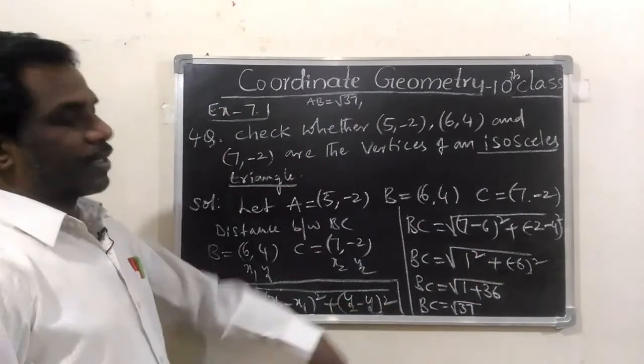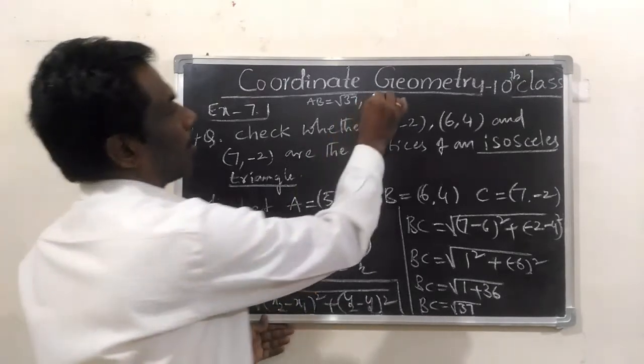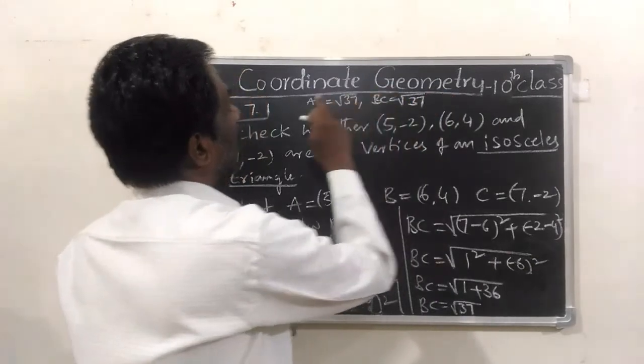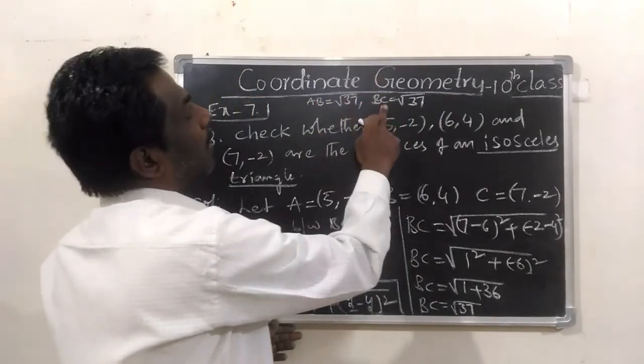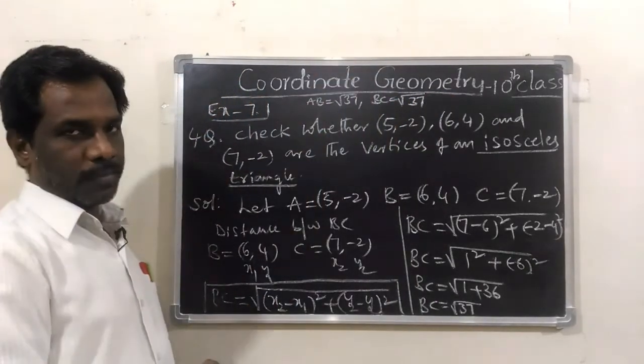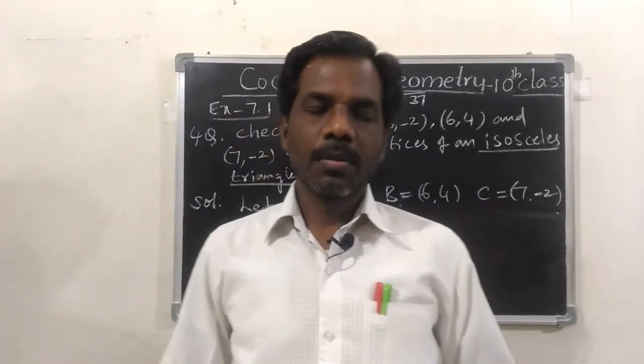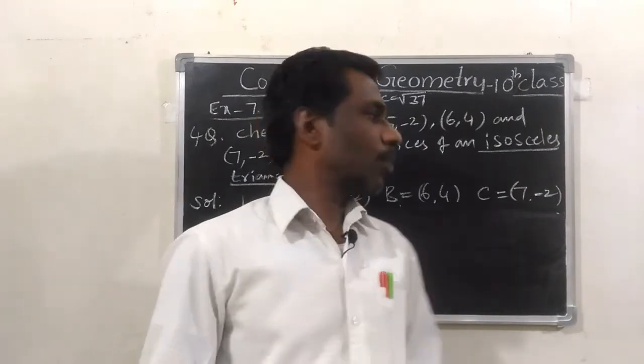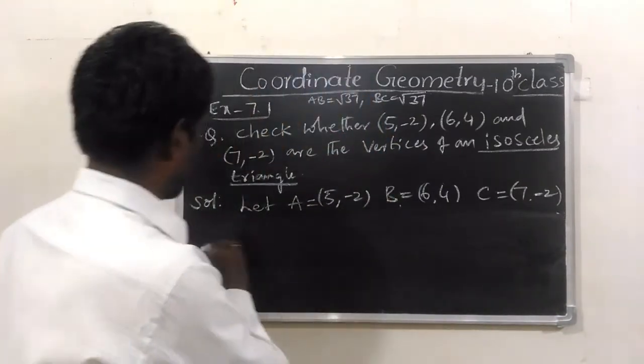The distance between BC is also root 37. AB distance is root 37 and BC distance is also root 37. Now we need to find one more distance, that is CA.